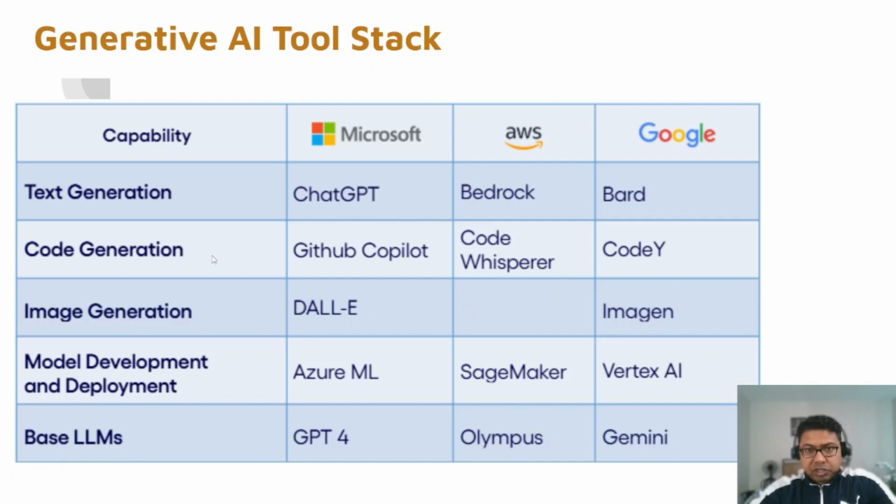So, code generation. For Microsoft, we have GitHub Copilot, which is very popular these days. Then AWS has CodeWhisperer, Google has Codey.